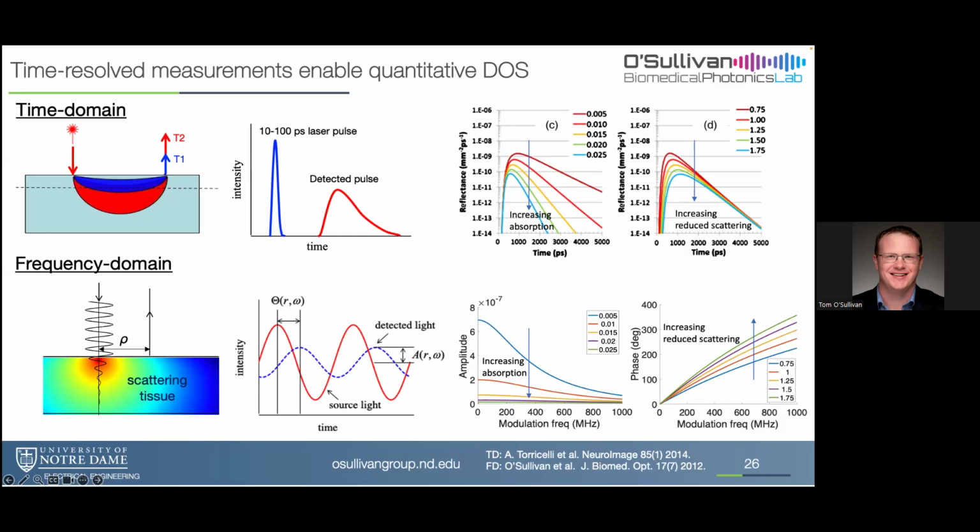Now there's movement towards what are called silicon photomultipliers. It becomes an issue of gain because you're measuring maybe only a dozen photons. So you definitely need an avalanche photodiode or a photomultiplier tube.